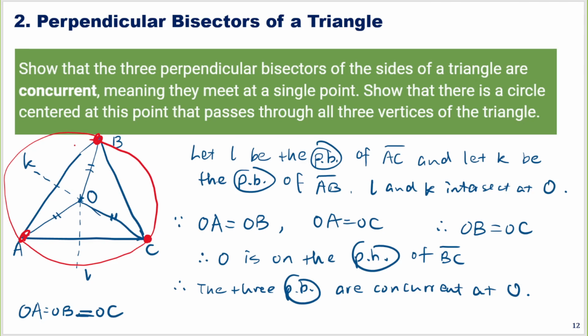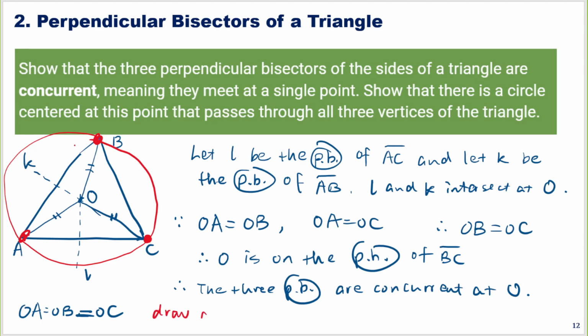Because any of OA, OB, or OC is the radius of that circle. So if you draw a circle that's centered at O with radius OA or OB or OC, the circle will pass through B and C and A. Therefore, the point O and the circle described can prove this statement here, right?